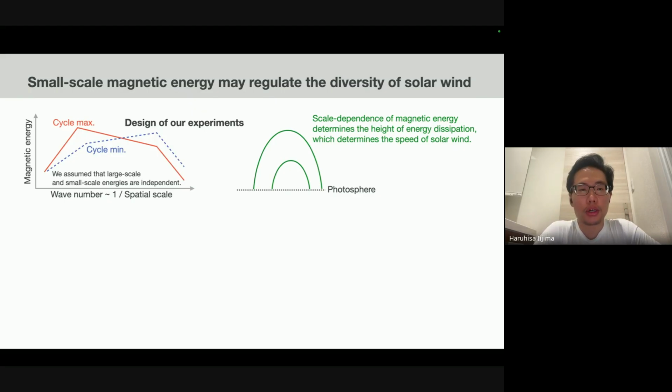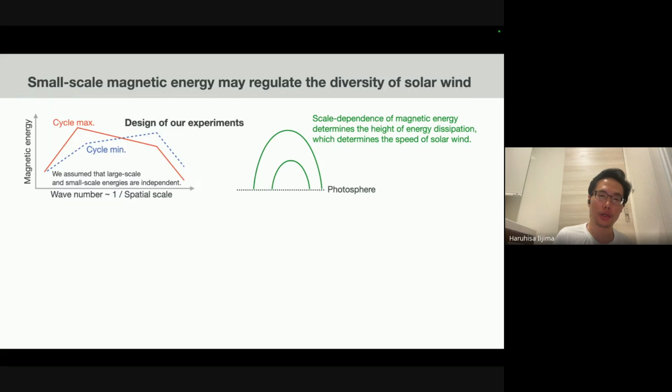So the spatial scale is very important, and the design of our experiment is like this. Typically we have a variation of the magnetic energy between the solar cycle maximum and solar cycle minimum, and we have simulated only the rightmost part of the numerical simulations.